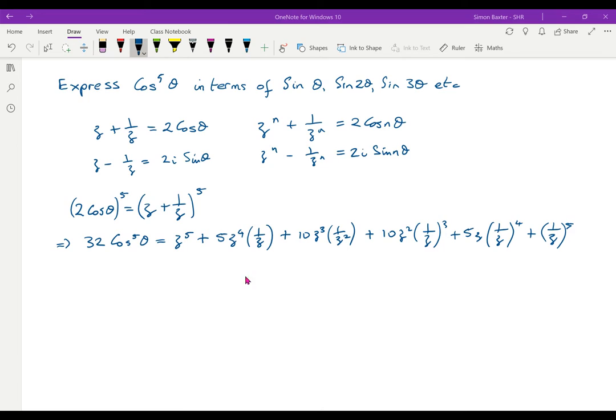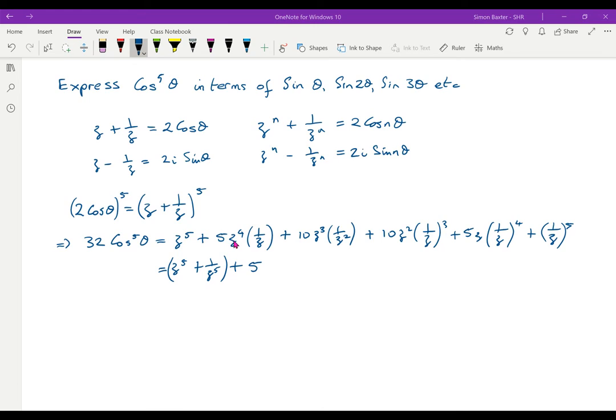Notice z to the 5 plus 1 over z to the 5. I like it. z to the 5 plus 1 over z to the 5 is 2 cos 5 theta. I like that. So let's write this now as z to the 5 plus 1 over z to the 5. What happens when we look at the next term?